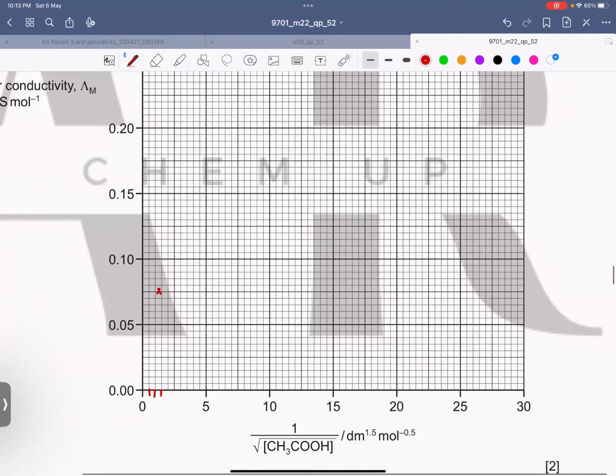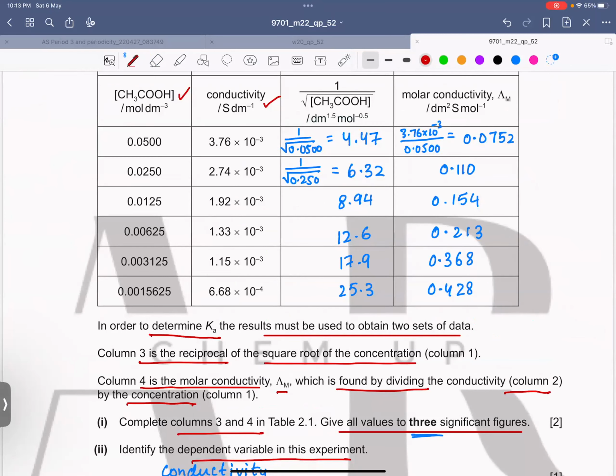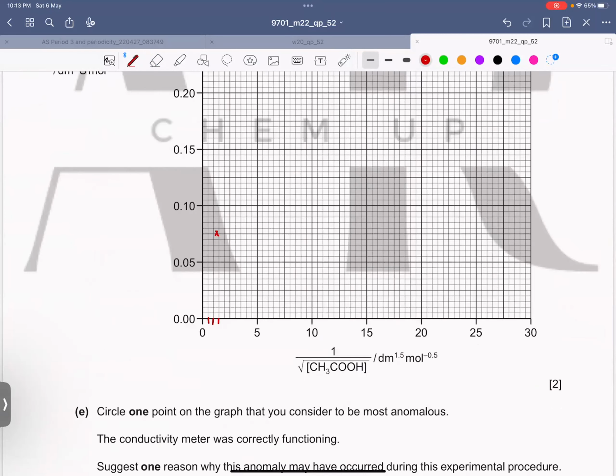Then the next one, 0.11 and 6.32. Okay. So 6.32. One minute.